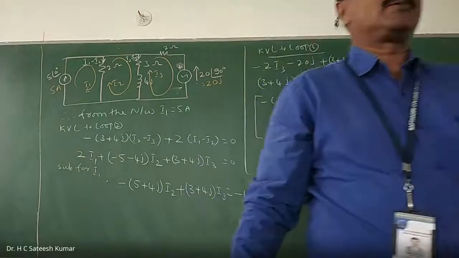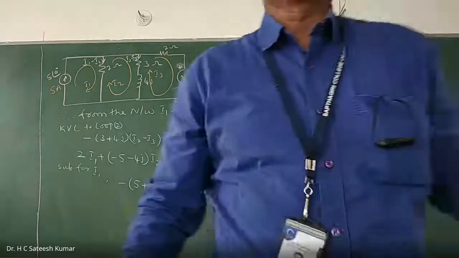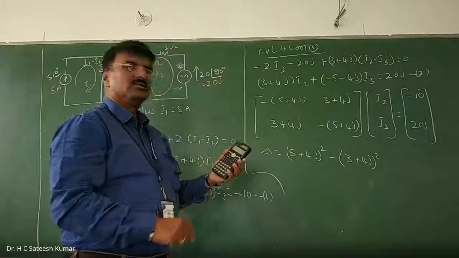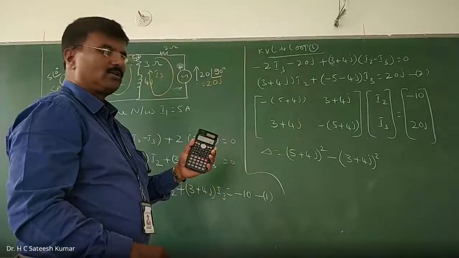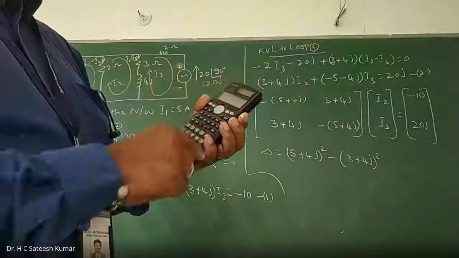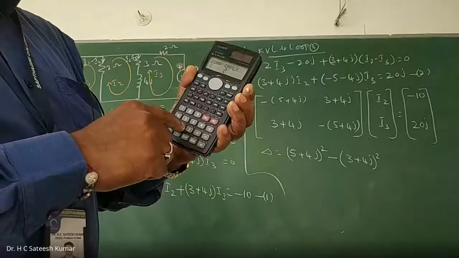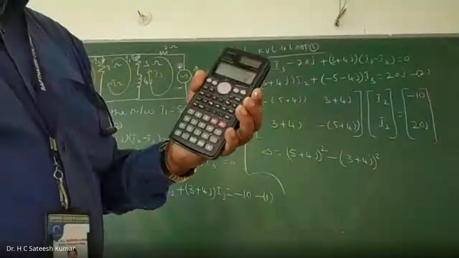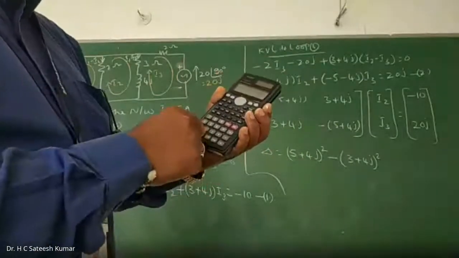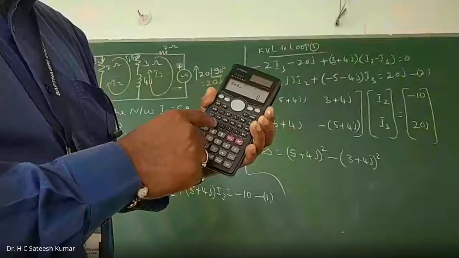Okay, I have only this model. So I'll show it in this calculator. Just observe. First, go to mode. In the mode, press 2. Complex value will be there. It has come as complex. Once you get the complex, you enter 5 plus 4i.